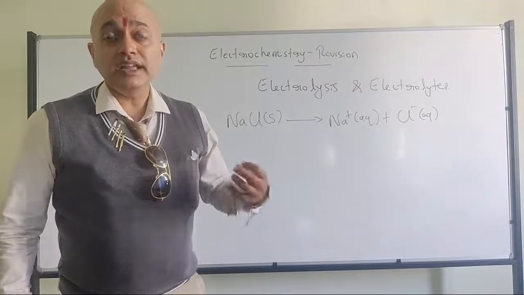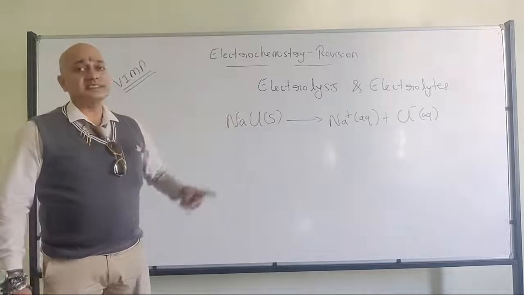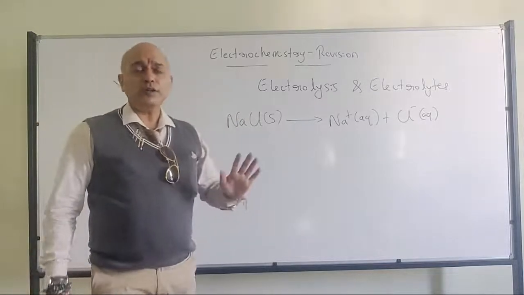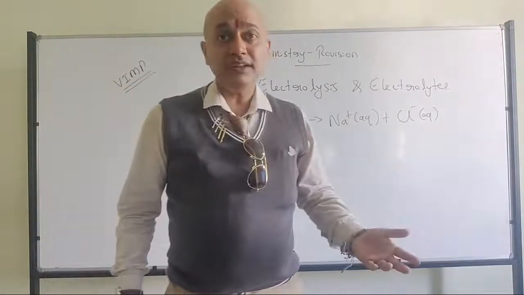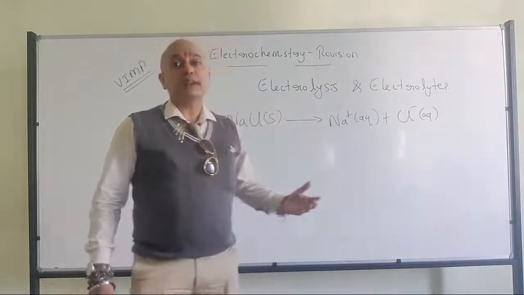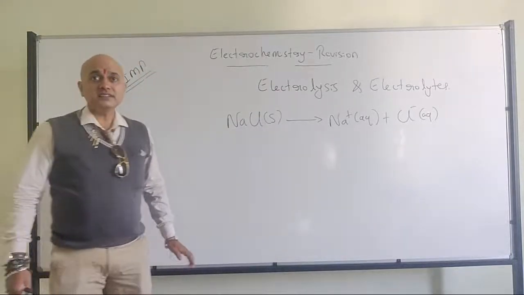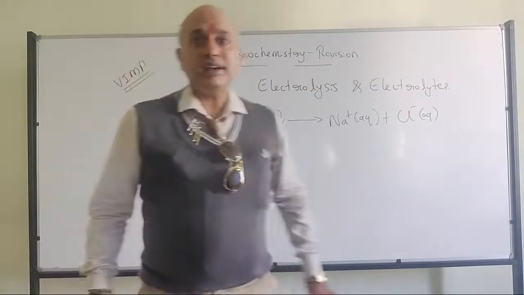That's what I told. Electrolysis is a phenomenon, and electrolytes are nothing but solutions or molecules which are in liquid state, which can be lysed when the electric current passes through them. They are called electrolytes.